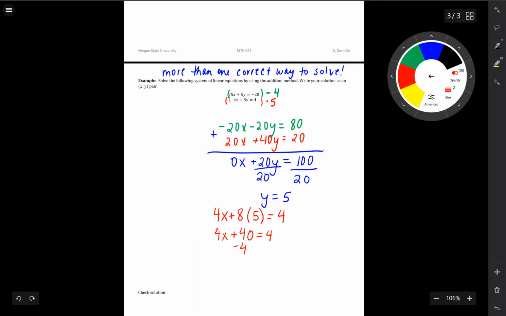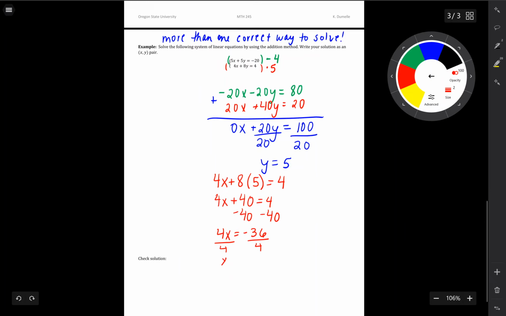If I subtract 40 from both sides, I get 4x is equal to -36. And dividing both sides by 4 gives me x equals -9. So my proposed solution is -9, 5.